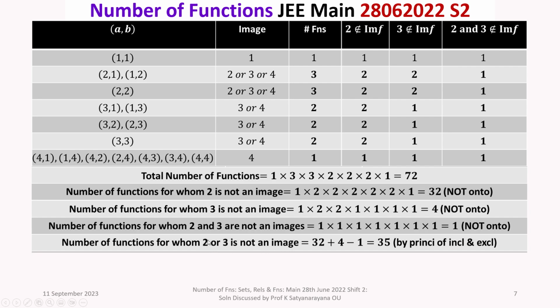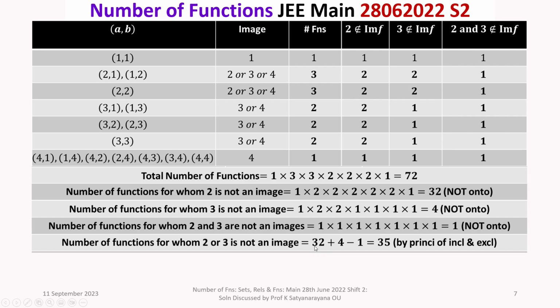Note down R. That is given by the total number of functions for whom 2 is not an image, plus the total number of functions for whom 3 is not an image, minus the number of functions for whom 2 and 3 are not images.